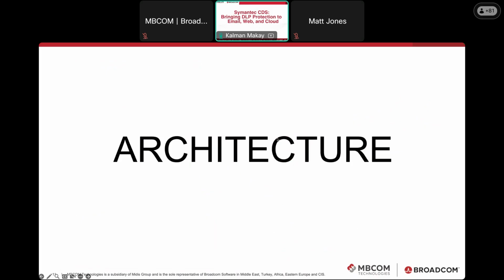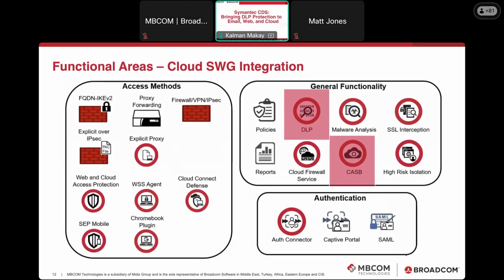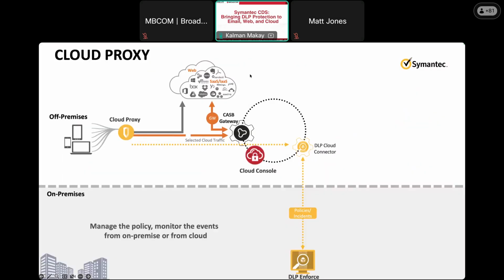Now let's see the architecture. If you are talking about the architecture, then typically we can talk about the DLP and the CASB integration in the case of the CloudSOC. How does it look?